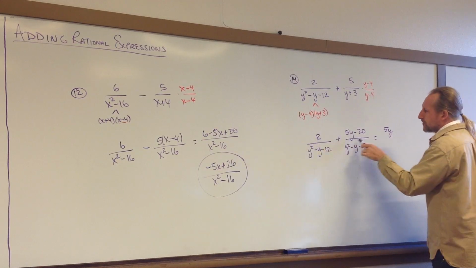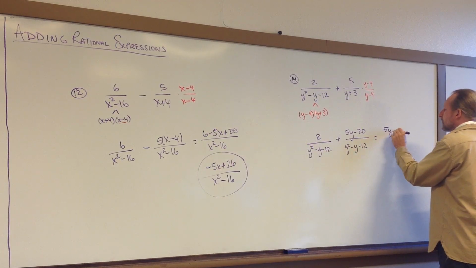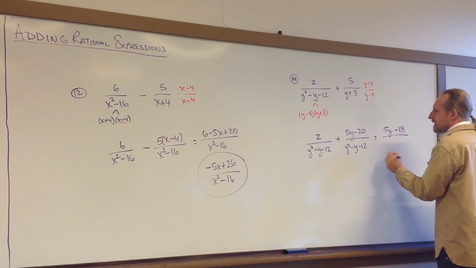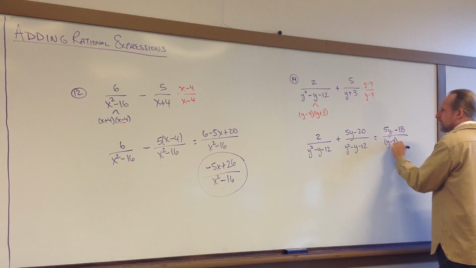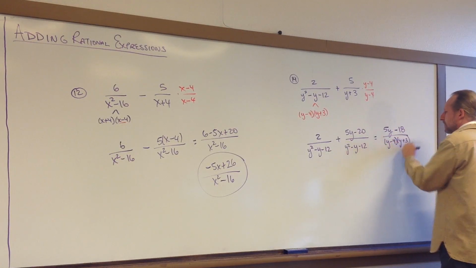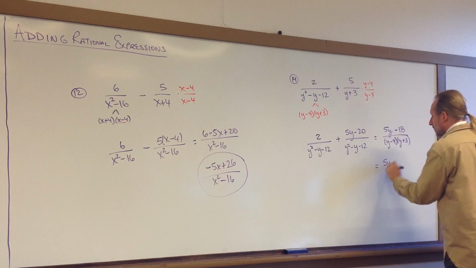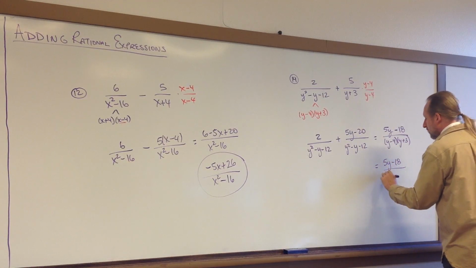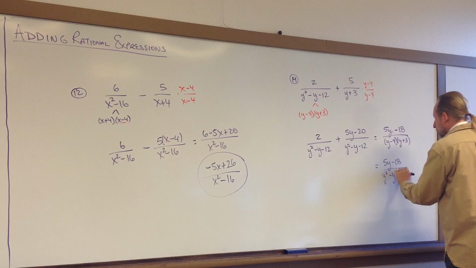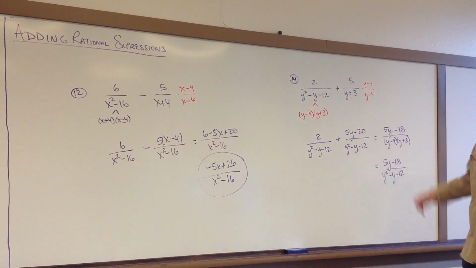This is a positive 2 and a negative 20, so that's going to be minus 18. And I'll write this in factored form. It doesn't matter. Either way, they're both correct. Okay, so this is right, this is right. They're both in lowest terms, and so that's it.